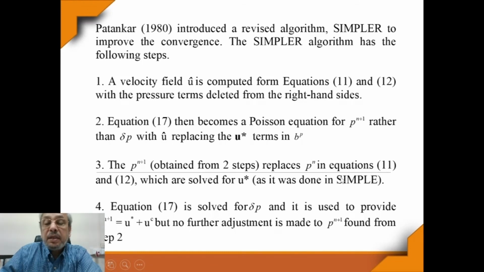It replaces Pn in equations 11 and 12. Equation 17 then becomes a Poisson equation for Pn plus 1 rather than delta P, with U hat replacing the U star terms in Bp. The Pn plus 1 obtained from these two steps replaces Pn in equations 11 and 12.